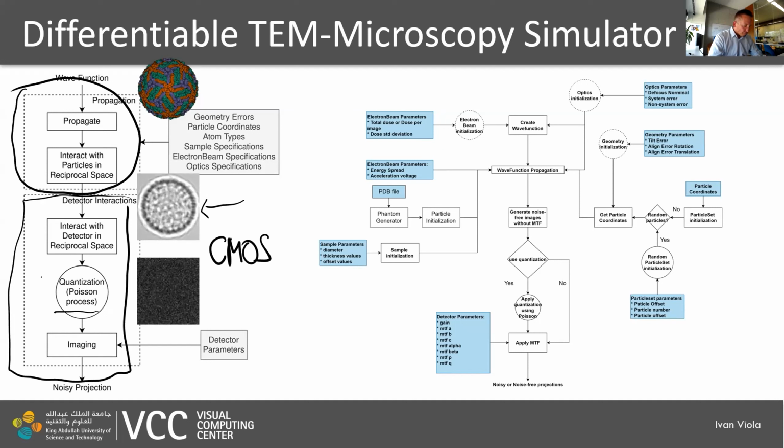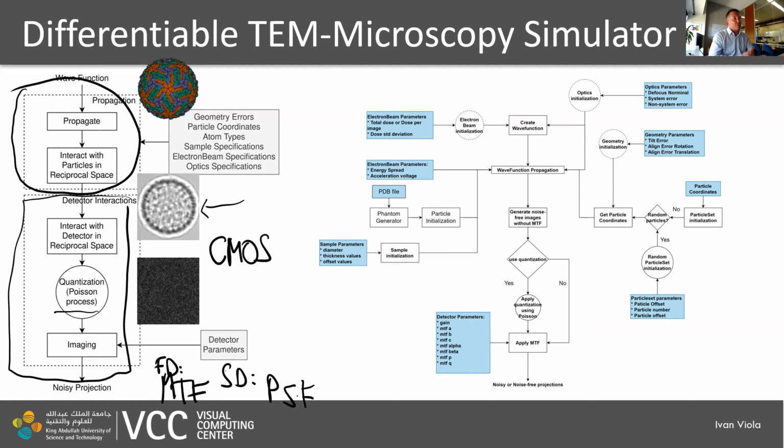And then in the detector, we have further parameters, something called the MTF function, which is in the frequency domain, or its spatial domain counterpart, the point spread function. These are functions which basically define how blurred the signal is on the detector.